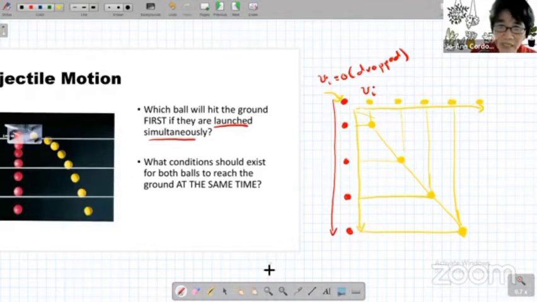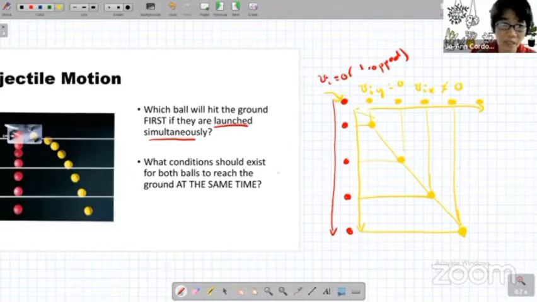So para si yellow ball at si red ball ay parehas ng i-drop na distance, kailangan si yellow ball, ang velocity initial niya along the y should also be equal to 0. Okay? So, in that case, ang natitira na lang dapat ay ang velocity initial ni yellow ball along the x should not be equal to 0.